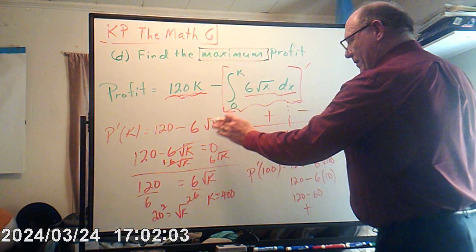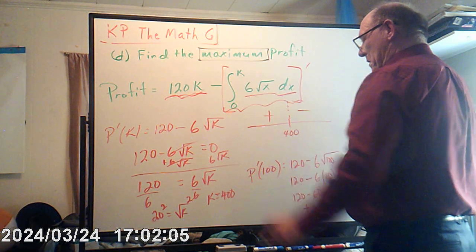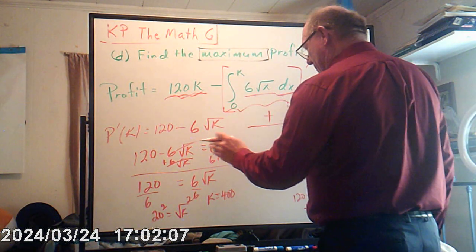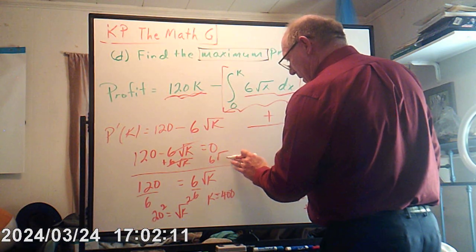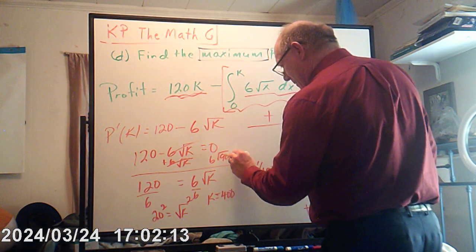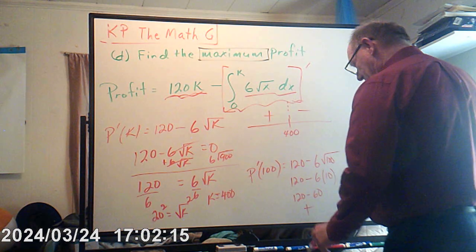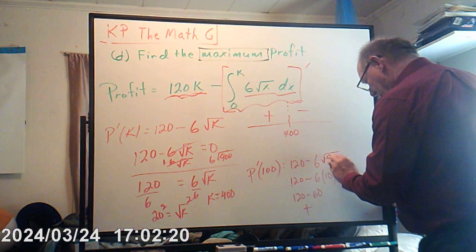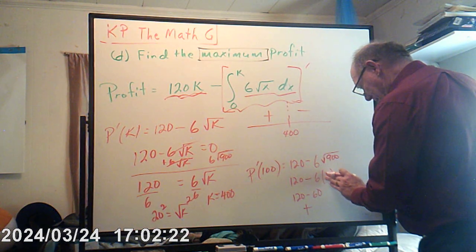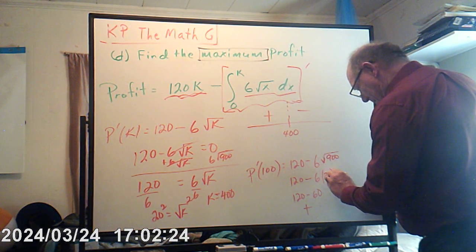If we were to pick something greater than 400, let's say 900. The square root of 900 is 30, right?